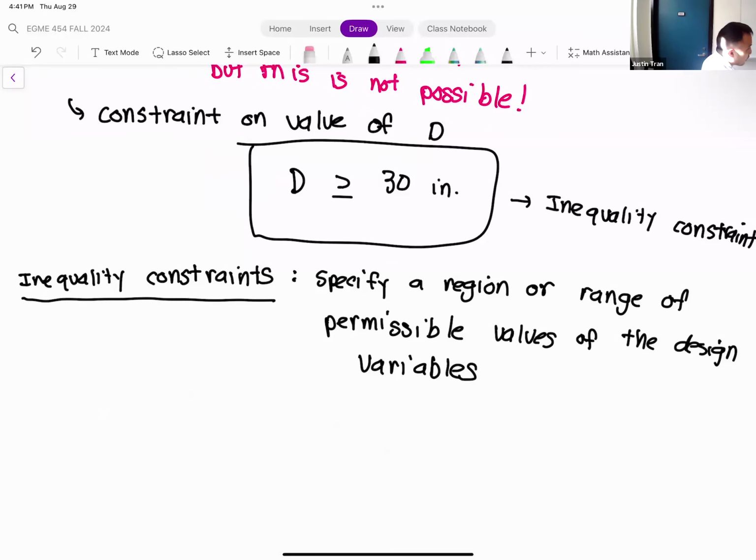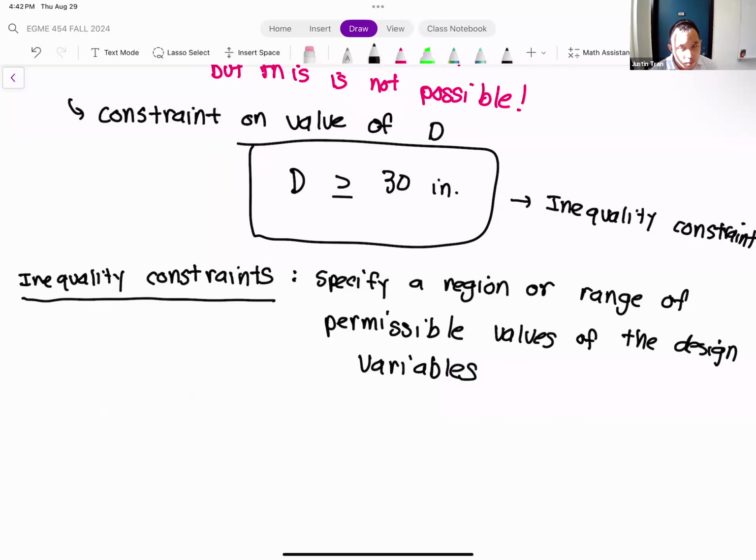Inequality constraints can be used other ways, but that's the most common application: there's a certain range or a certain region where our design variables have to take their values that are permissible, and inequality constraints are a way to enforce those things.